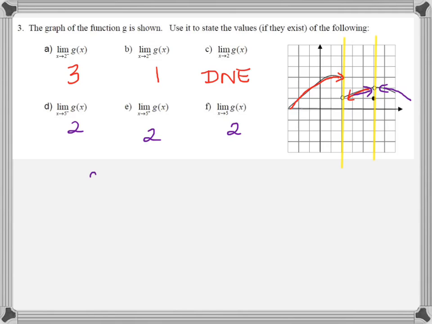Well, that is what the function g of 5 is defined as. So if you plugged in 5 into the equation, you would get a y value of 1. That doesn't mean what the limit is. So the limit doesn't actually care what the rando point is on the outside. The limit only cares about what the sides of the graphs are approaching. And if the sides of the graph are both approaching the same number, then that number is what the limit is.